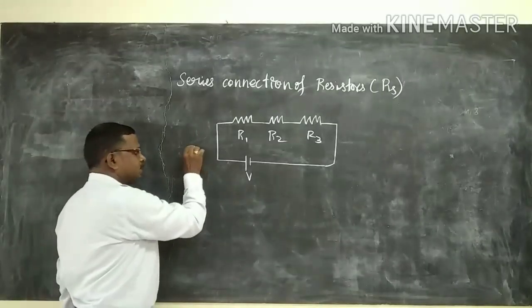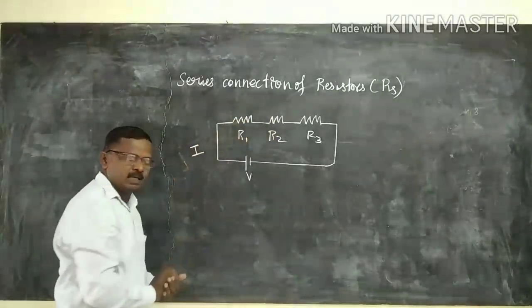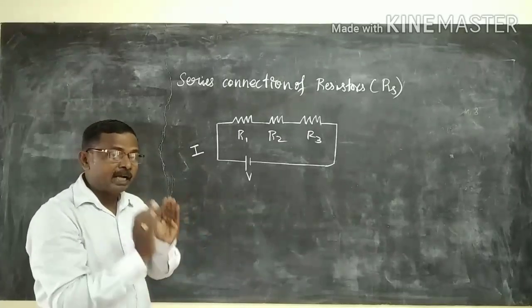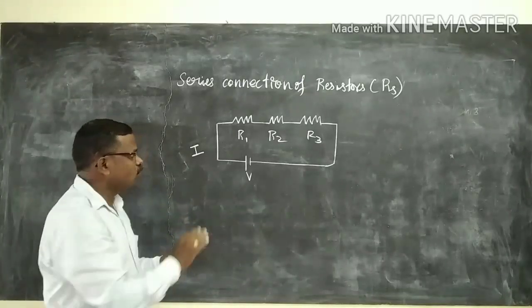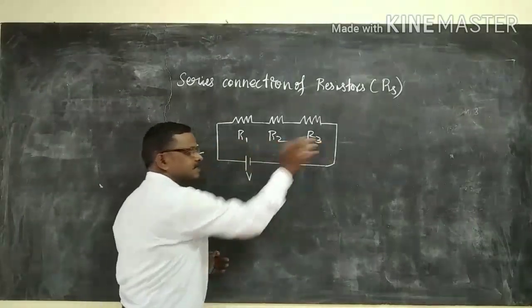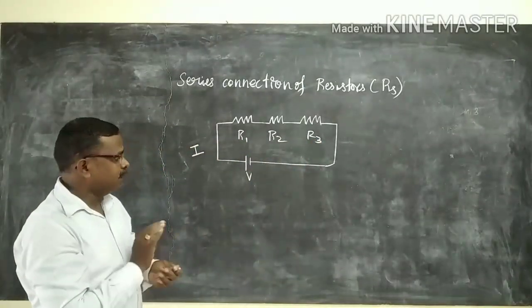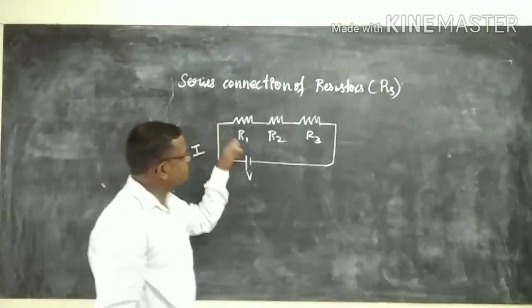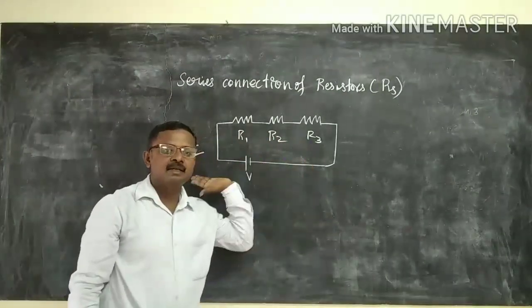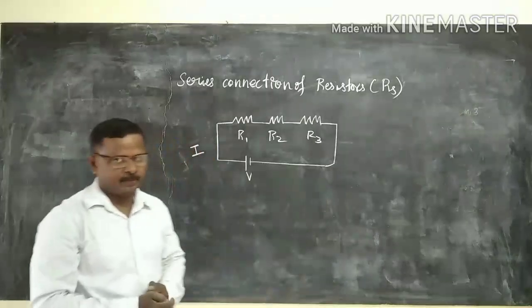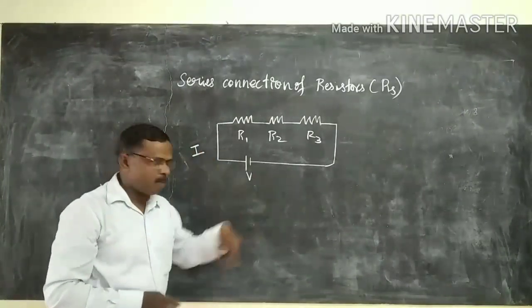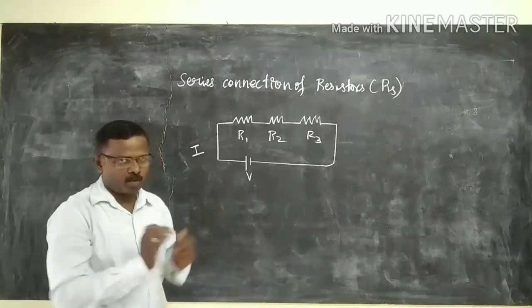Now the current flowing through this series is the same. The magnitude of the current flowing through each resistor is the same, but the voltage across each resistor is different. That means voltage is dropped but current will not drop.